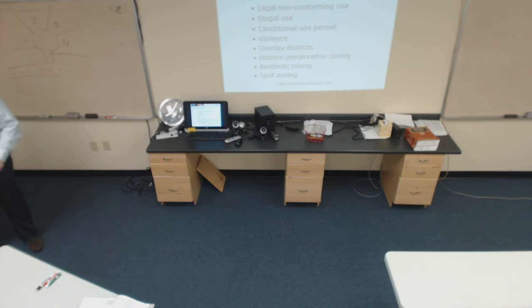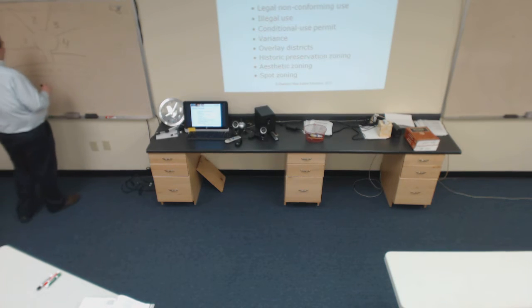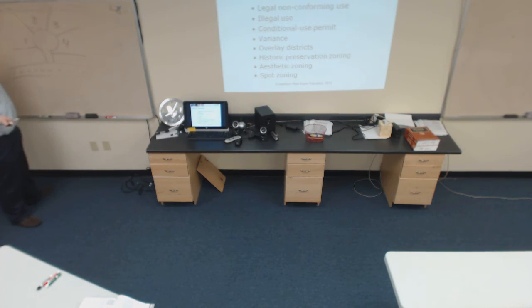So, we got some zoning ordinances in place. Number 1 is zoned residential, so we can only use it for residential use, not so bad. Okay? Number 2 is every property in this particular town has a 15-foot side border. In other words, you cannot build within 15 feet of your side property line.